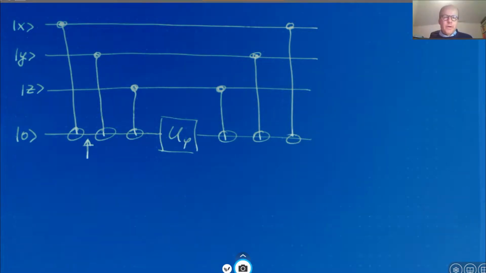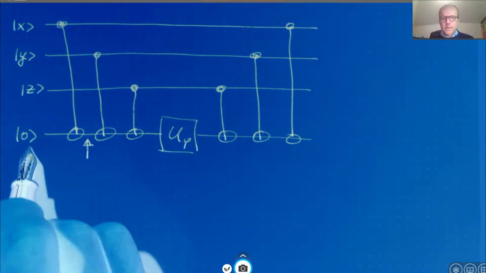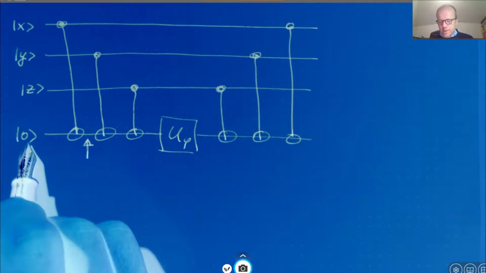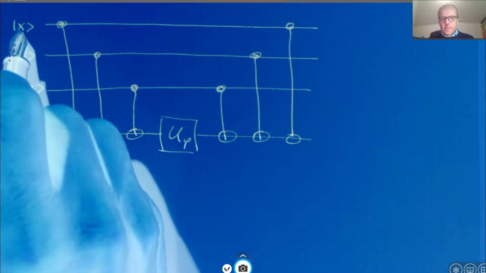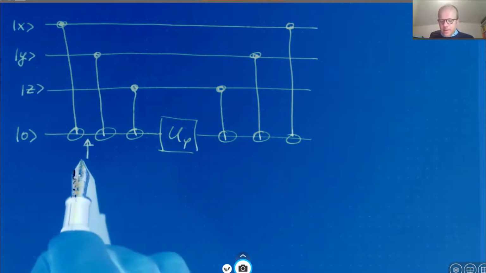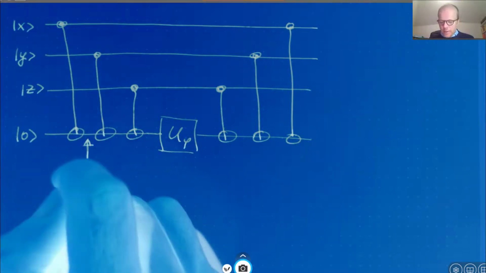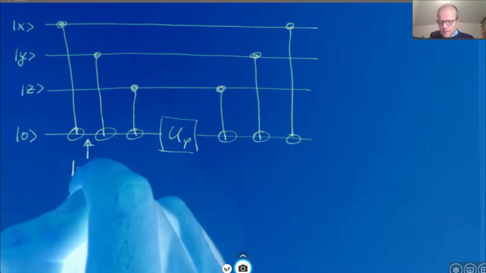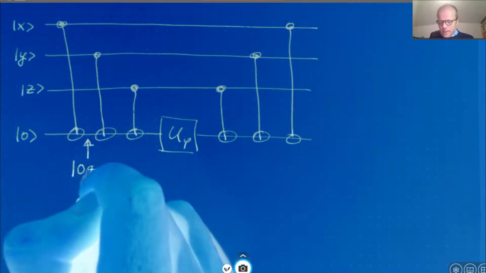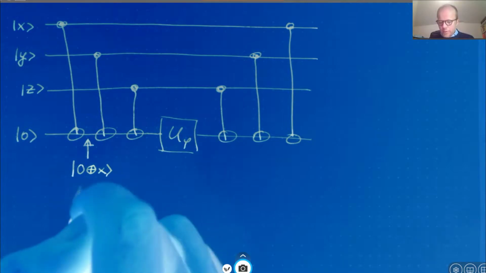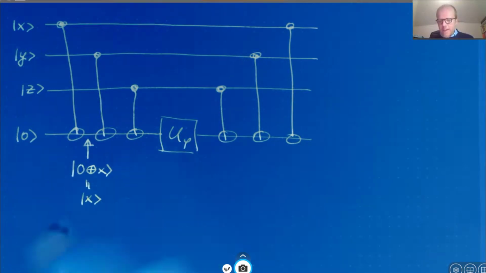If you remember, mathematically, the effect of a C-NOT on the target qubit can be written conveniently as an addition mod 2. So if the input basis state of the target is, in this case, 0, and the control qubit is in the basis state x, then after the C-NOT, the target qubit is in the basis state 0 plus x mod 2, which of course is the same as x.